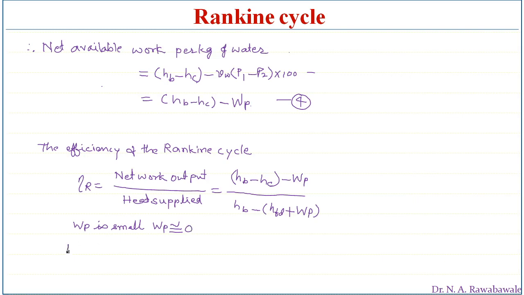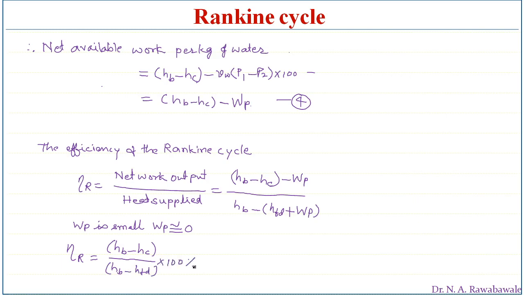Therefore the Rankine efficiency can be written as HB minus HC whole divided by HB minus HFD into 100.